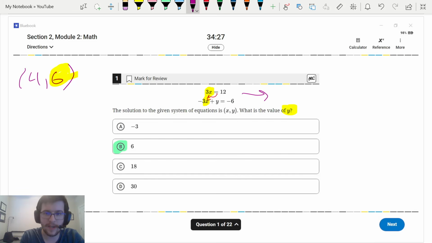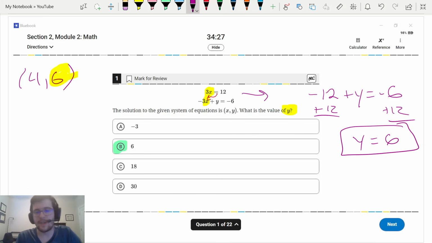And you could make it negative, again, because it's a negative sign out in front, negative 12 plus y equals negative 6. Then you could add 12 to both sides, and you get y equals 6. That's another way to do it. You also could have got x by itself and then substituted. You also could have added them using elimination. That would have been really good here too. I honestly should have done that.